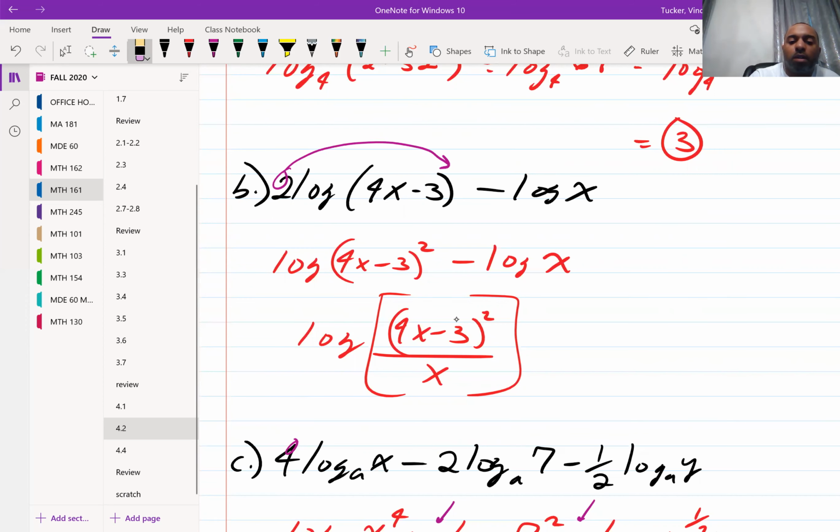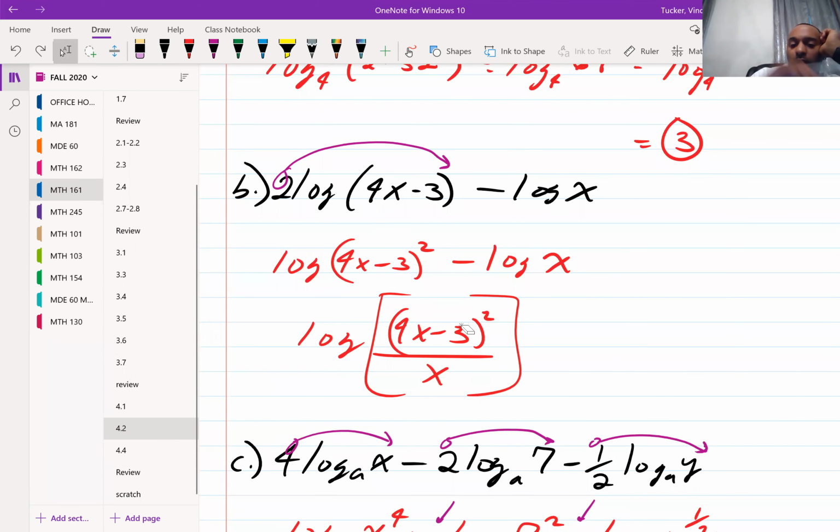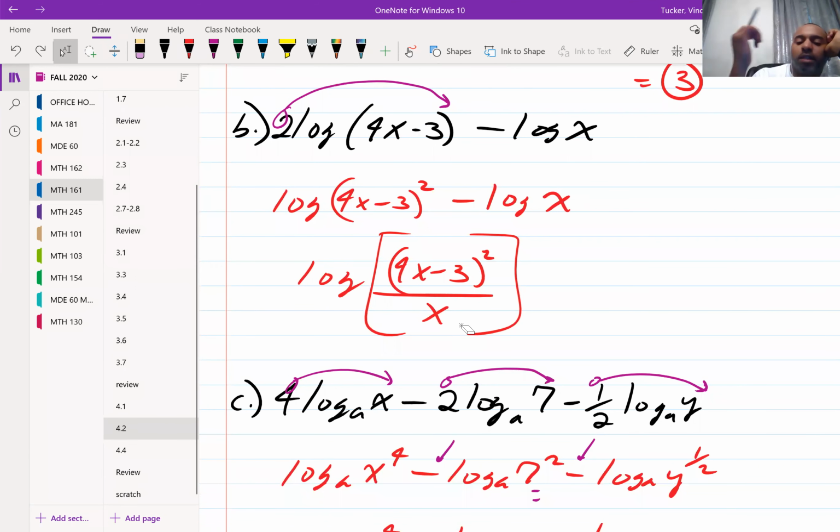All right. So C, we're looking at 4 log base A of x minus 2 log base A of 7 minus 1/2 log base A of y. So the first thing we want to do is take our coefficients, they're sitting in front of the log, and take them back to being exponents.